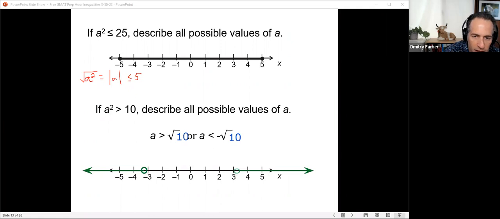So that would be our disjunction here. Similarly, if they had said greater than 25, instead of that black arrow, we'd say it's going to be bigger than 5 this way, or less than negative 5 that way, if we had a greater than.